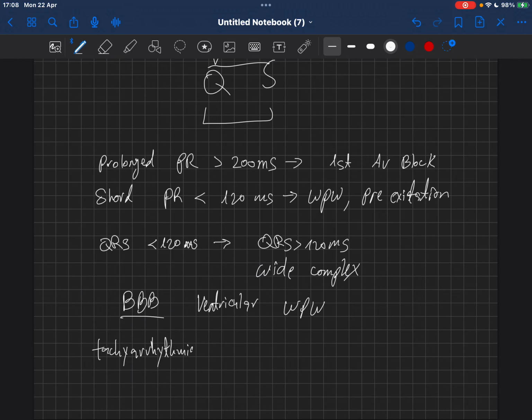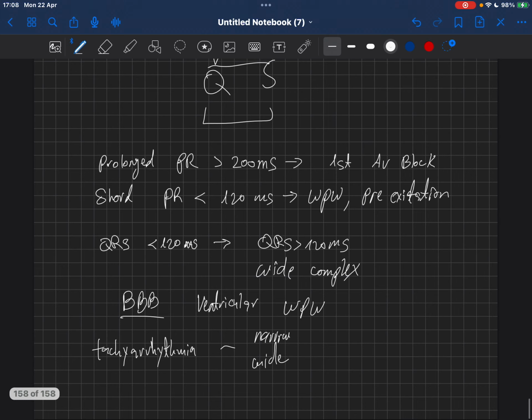If you look at the AHA, American Heart Association, algorithm for tachyarrhythmia, it is divided there into narrow complex tachycardia and wide complex tachycardia, which is exactly this. It is based on the duration of the QRS complex.